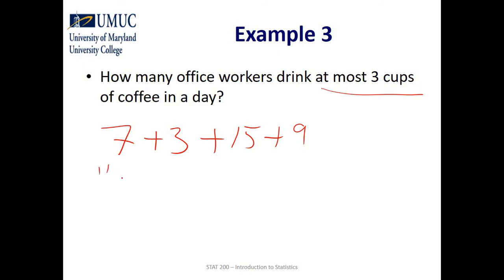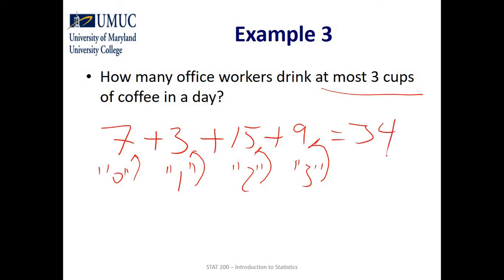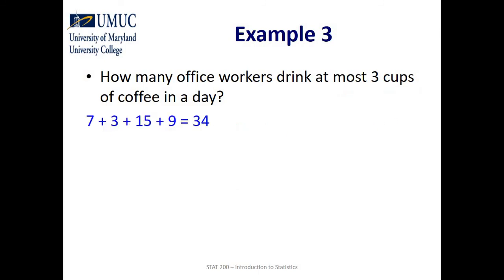So this is 0 cups, this is 1 cup, this is 2 cups, and this is 3 cups. So how many is that? So 7 plus 3 is 10, plus 15 is 25, plus 9 is 34. So if you want to look at that nice and neat, that's what it looks like.